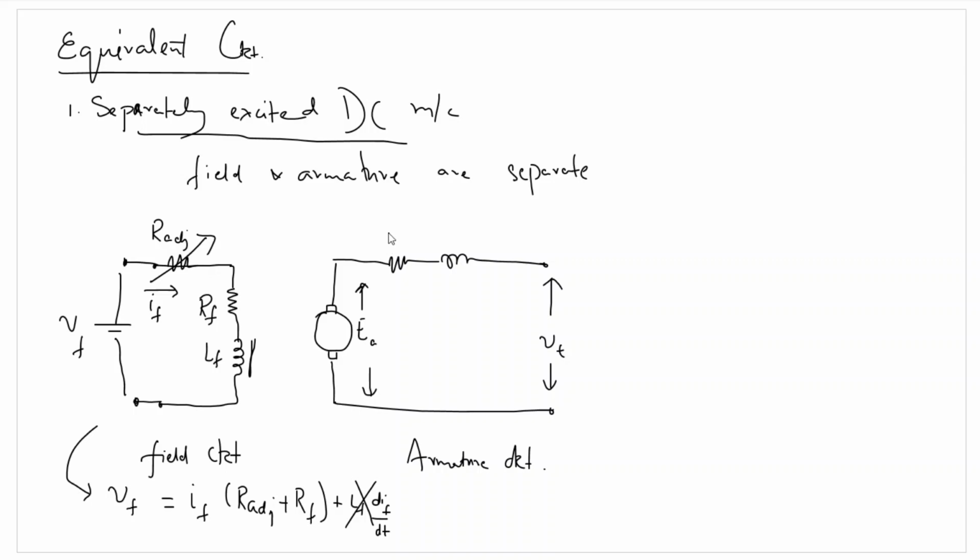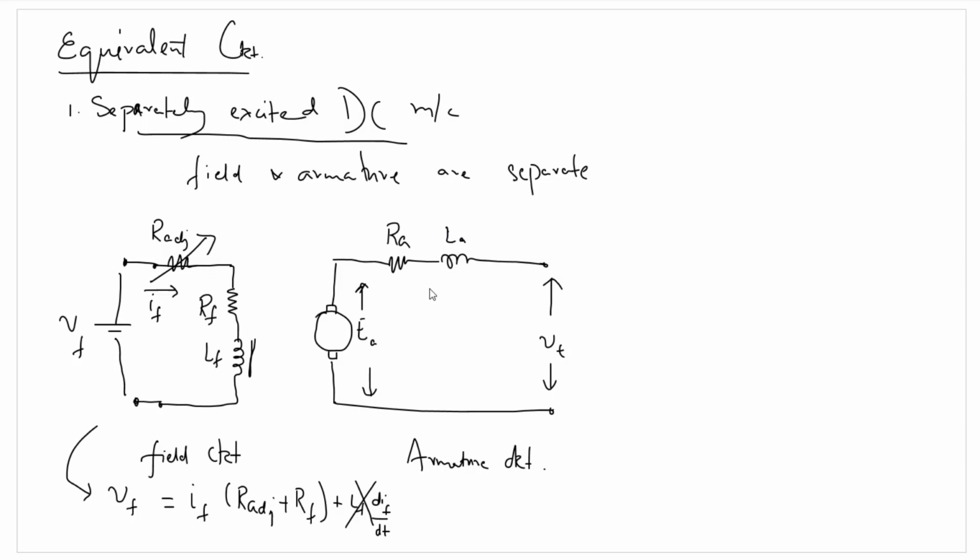Now the armature will have its own resistance, shown here by the resistance Ra. Similarly, the armature winding will have some amount of inductance, shown by inductance La.